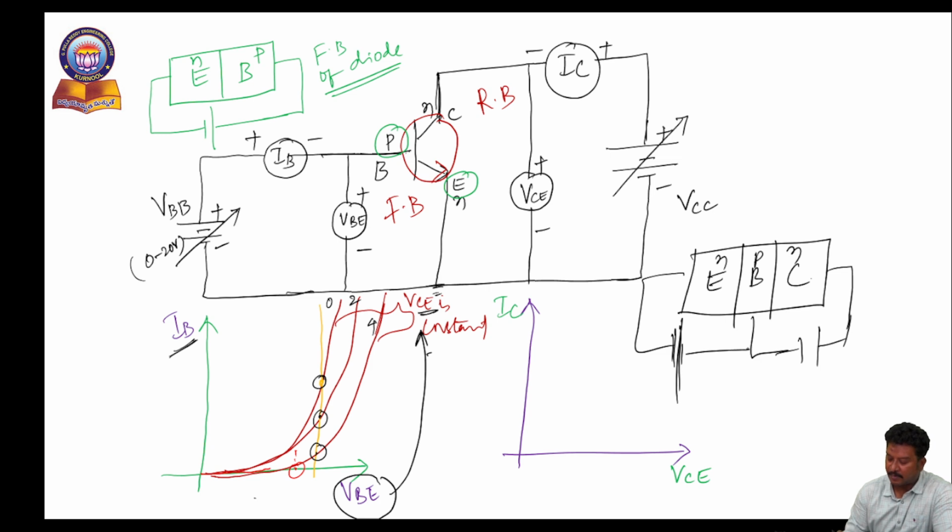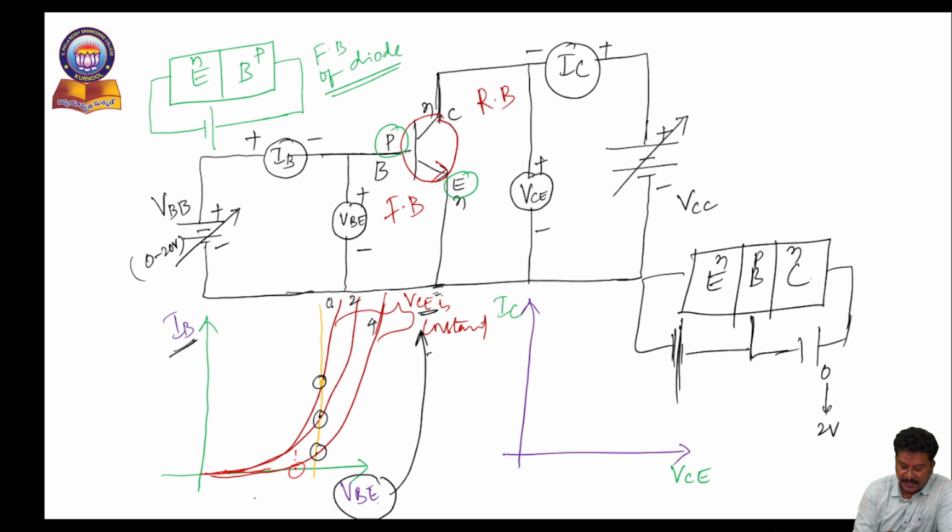As the output reverse bias varies from 0 to 2 volts, this is the first case, we have to observe the variation on VB. Of course, IB is decreasing according to that. Why? Because of base width modulation, but IB is not depending upon the VCE. VB is depending upon the VCE. That we will try to see in detail.